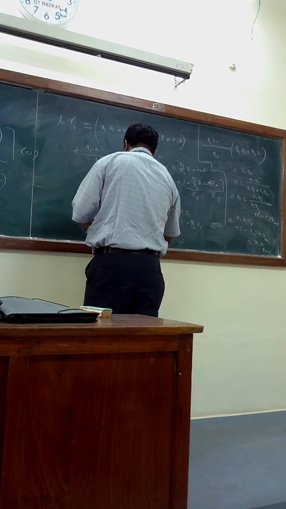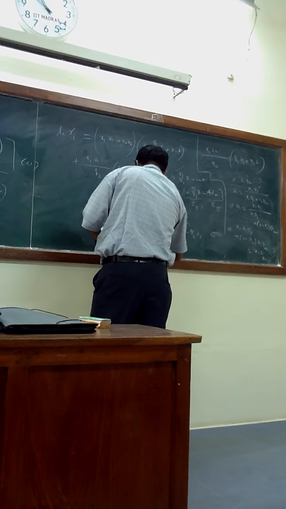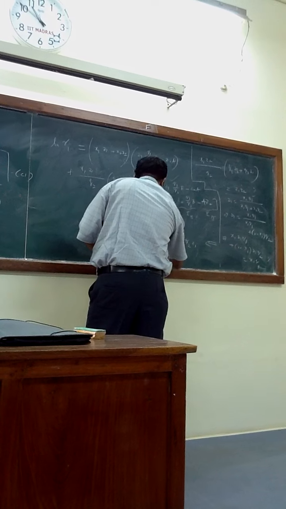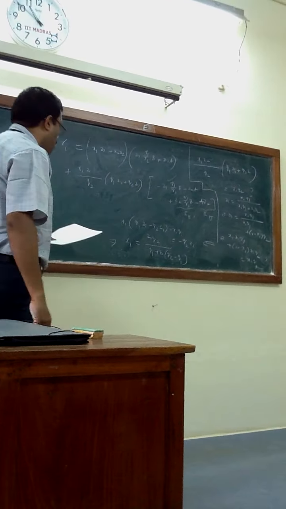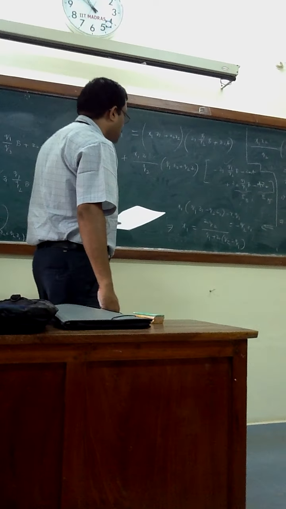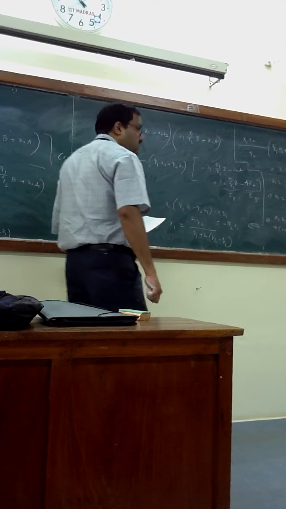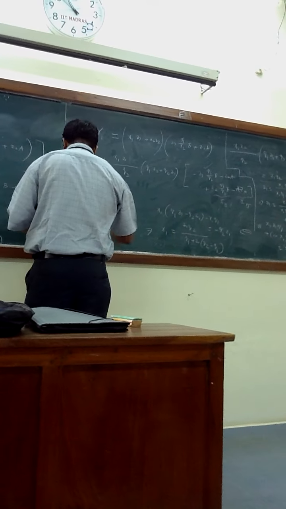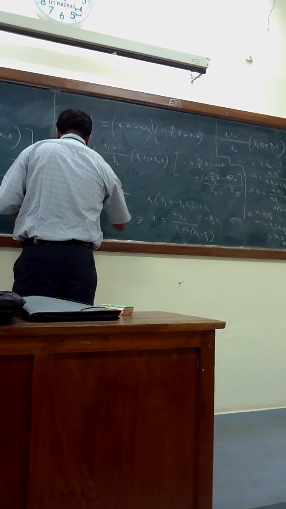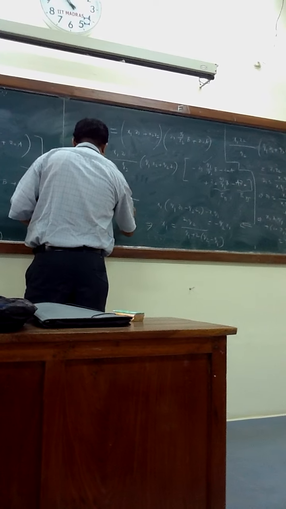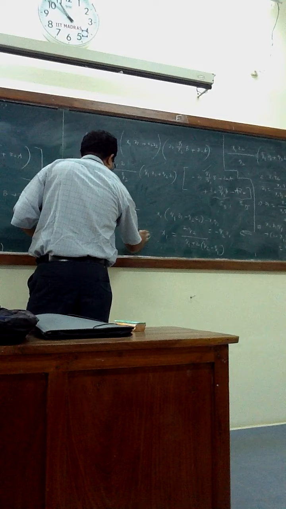The next one is x1 equals z1 q2 by q1 z1 plus z1 q2 minus q1. Yes? Agreed? Next step. x1 equals z1 q2 divided by q1 into z1 plus z2 plus z1 q2 minus z2 q1. Can I write?